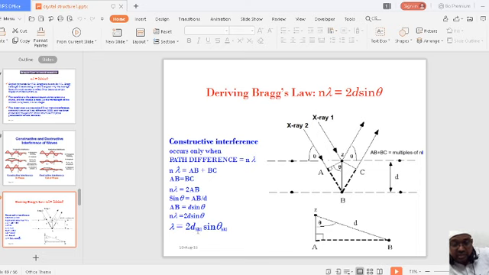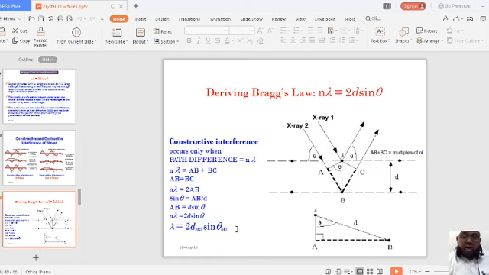Interplanar distance. It is the distance between consecutive planes. So when you talk about a plane, you can write D suffix HKL, which is the interplanar spacing of the planes you are seeing on the screen. So lambda is equal to 2D sin theta, right?